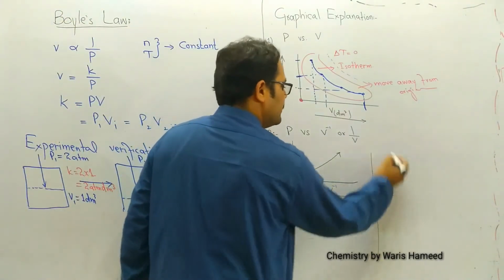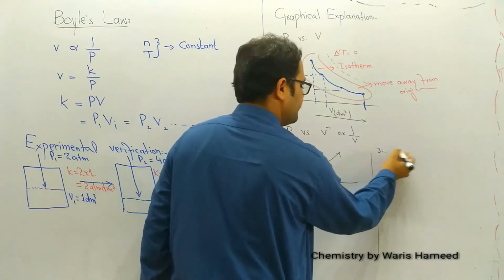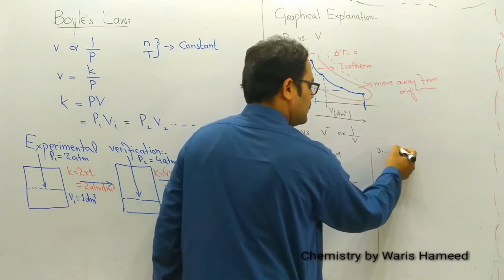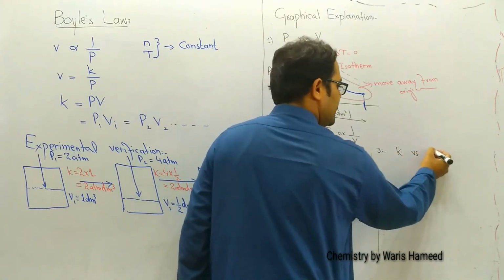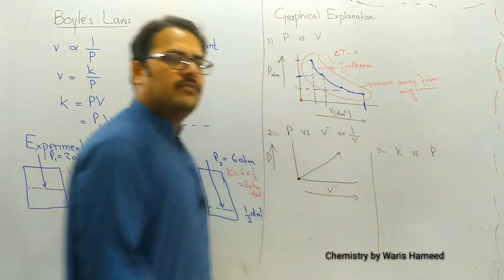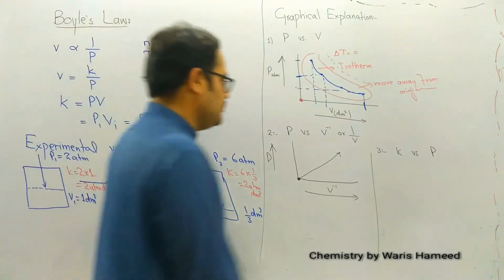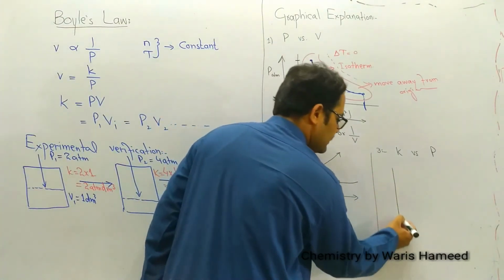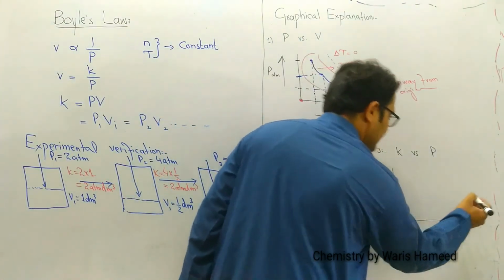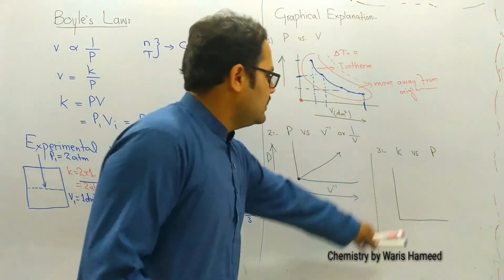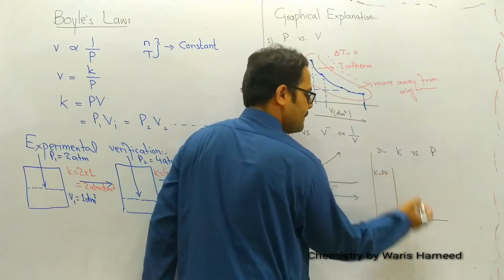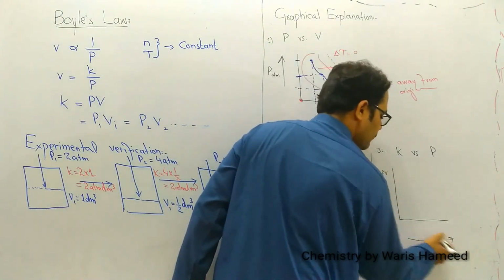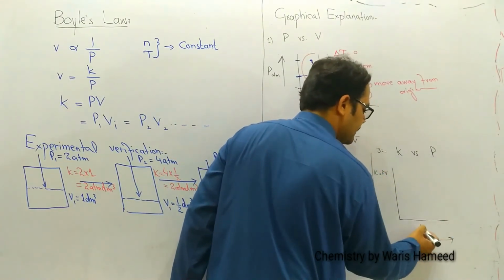And the last graph is K constant versus pressure. Here is one axis and the second axis. On this axis, K is equal to PV, and here is pressure.